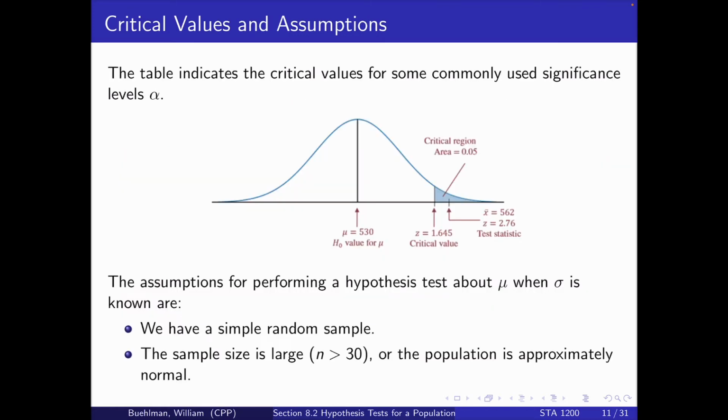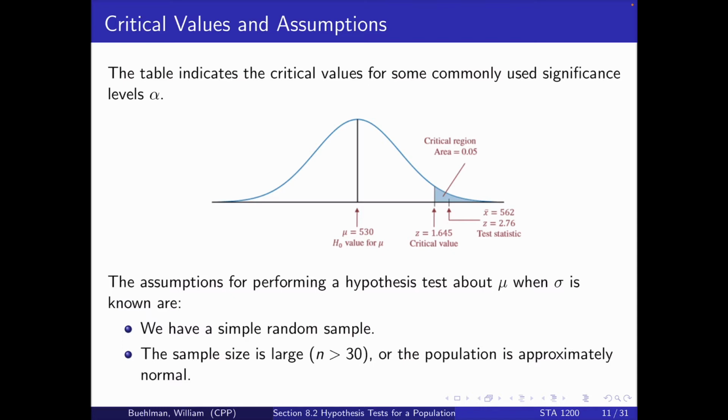The table indicates the critical values for some commonly used significance levels of alpha, which doesn't seem to be showing up here. The common levels are usually 90, 95, and 99%, so your alphas would correspond to 0.1, 0.05, and 0.01.